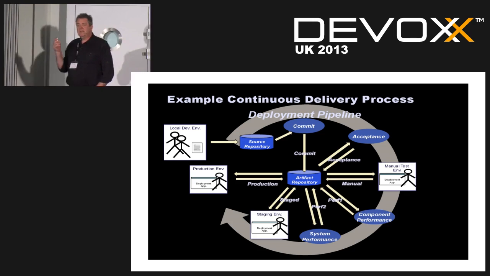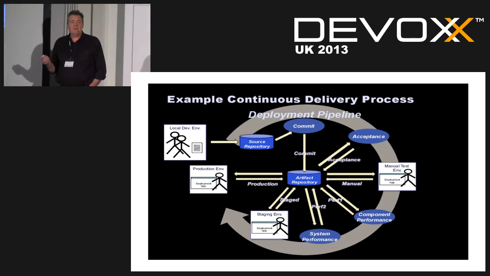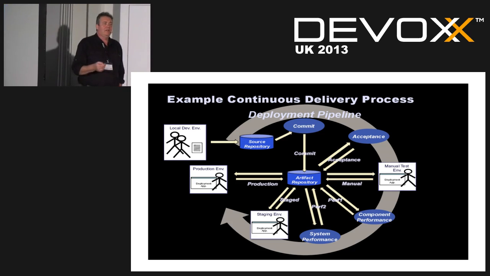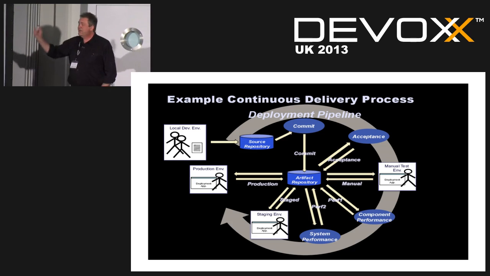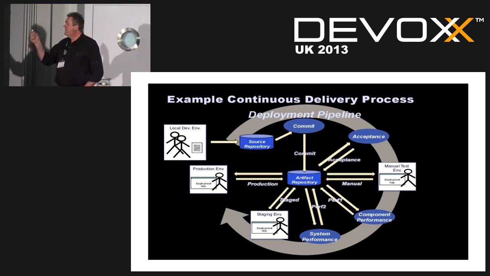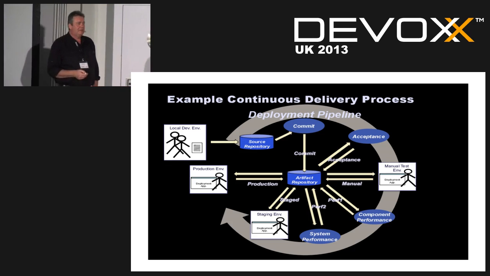Again, if the testers are happy with the software, that it fulfills their criteria, whatever those criteria might be, they can tag the release candidate with a tag saying that it's passed manual testing.